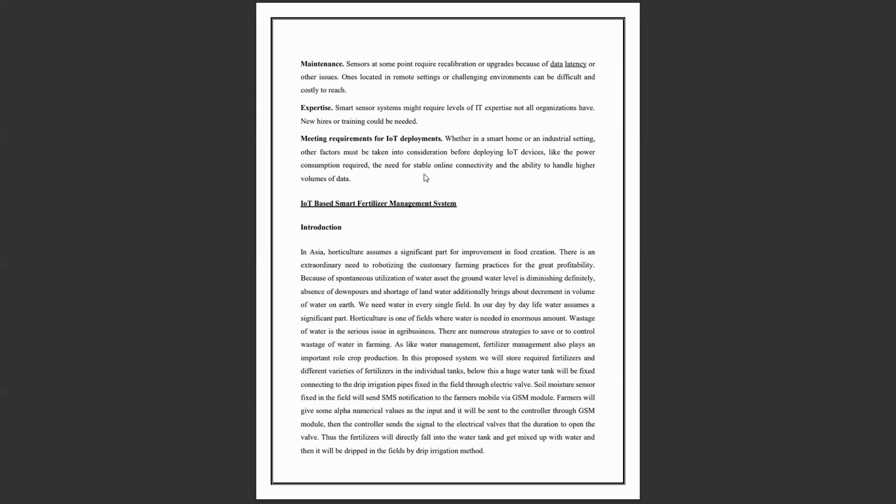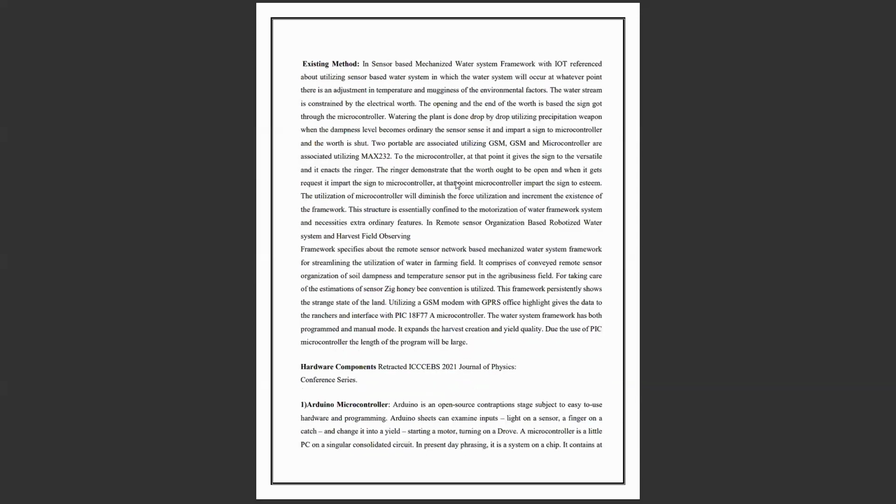Numerous methods aim to conserve and regulate water usage in farming, and effective fertilizer management is integral to crop protection. The proposed system involves storing various types of fertilizers in separate tanks positioned above a large water tank connected to drip irrigation pipes through electric valves in the field. Soil moisture sensors installed in the field transmit SMS notifications to the farmer's mobile device via a GSM module.